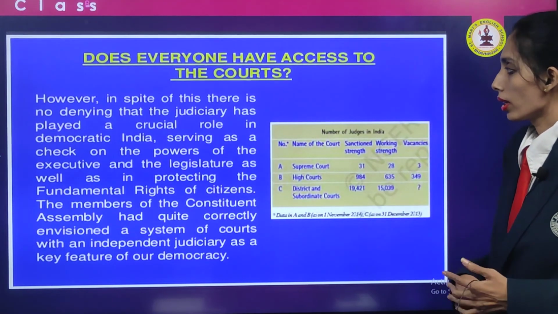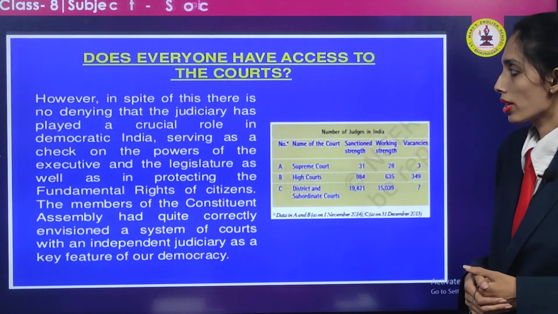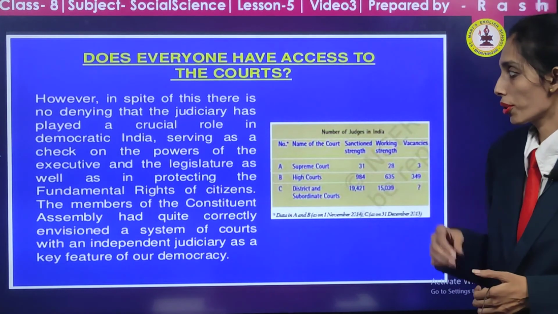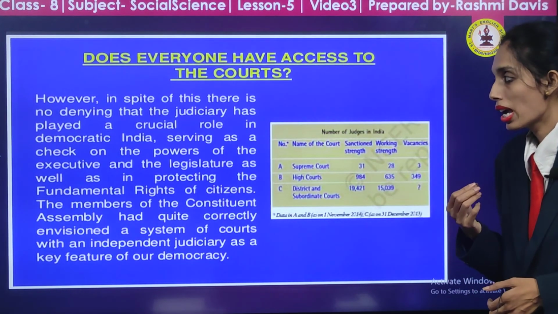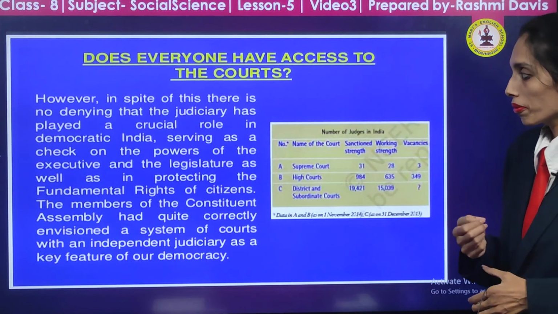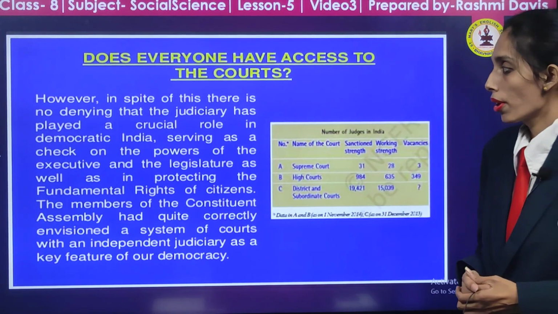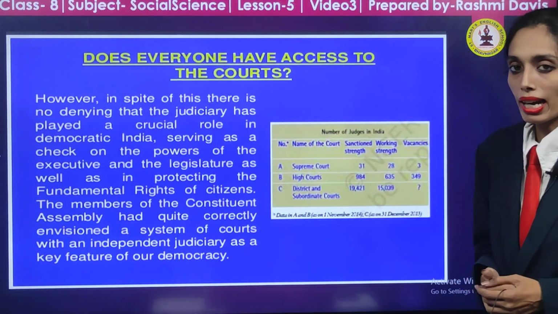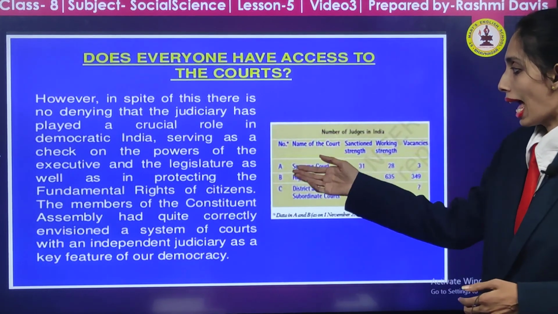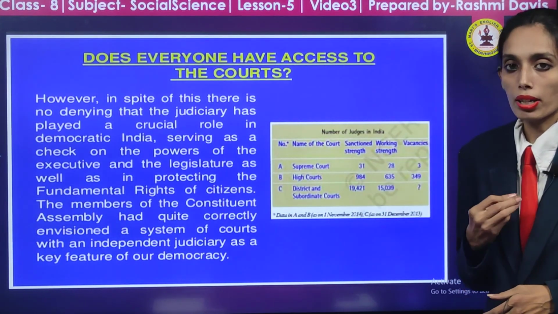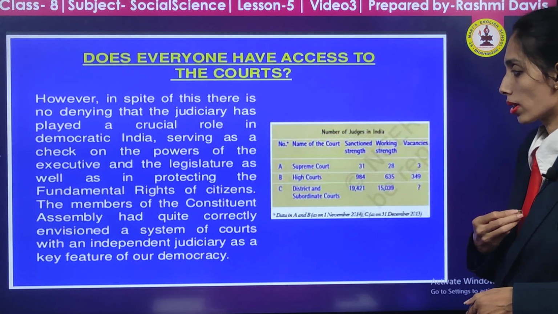However, you can see here, in spite of this, there is no denying that the judiciary has played a crucial role in democratic India, serving as a check on the powers of the executive and legislature, as well as in protecting the fundamental rights of citizens.